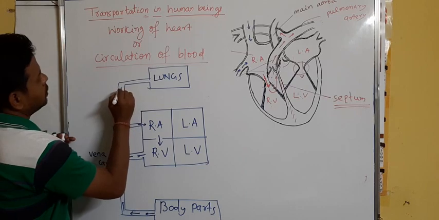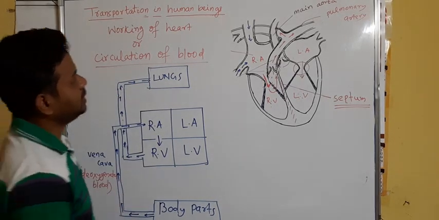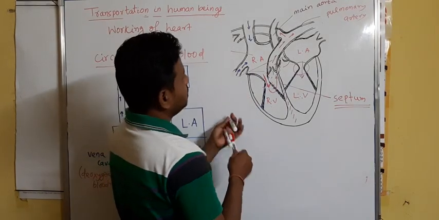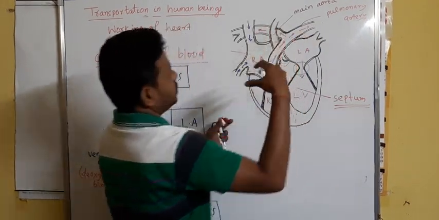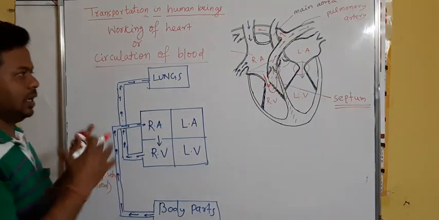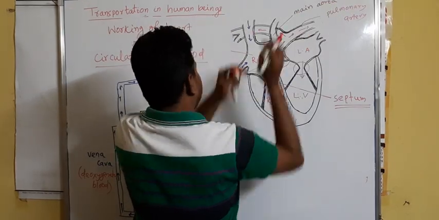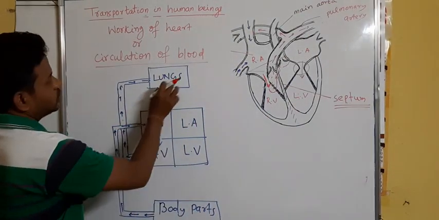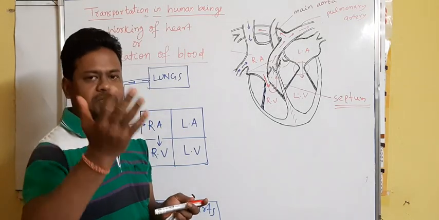Okay, so actually it is a schematic diagram I am telling. So now what happens? The blood flows through this. There are two lungs, left and right, so the blood will move to each of the lungs. Inside lungs, you know that in the alveolar surface exchange of gases takes place.